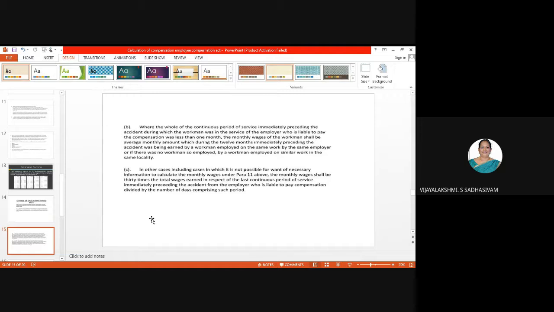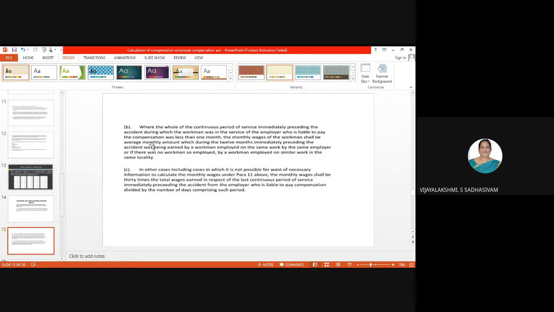Suppose the whole of the continuous period of service immediately preceding the accident, during which the workman was in the service of the employer who is liable to pay the compensation, was less than 1 month. Then we will take the monthly wages of the workman based on the average monthly amount earned during the relevant 12 months immediately preceding the accident by a workman on the same work under the same employer, or if there was no such workman so employed, then a workman employed on similar work in the same locality will be taken into consideration, if you are not able to calculate the wages.